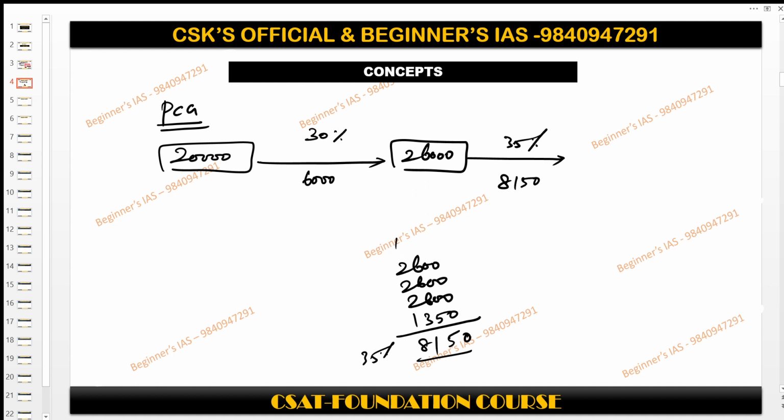Am I right? 18, 21. So this is 2. So therefore 9150. Add this 6,000 with this one. Then also you will get a 35. So this is 9, right?